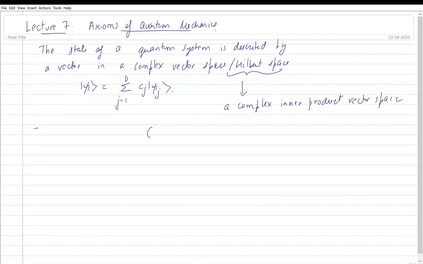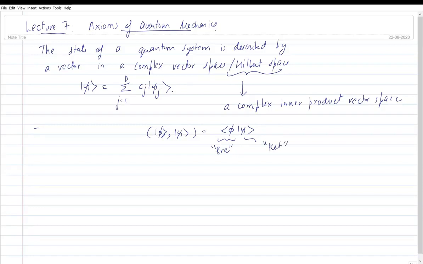Essentially, if I have two vectors, I represent the inner product in the bracket formalism as this thing. This is the bra part. This is the ket, the Dirac notation.